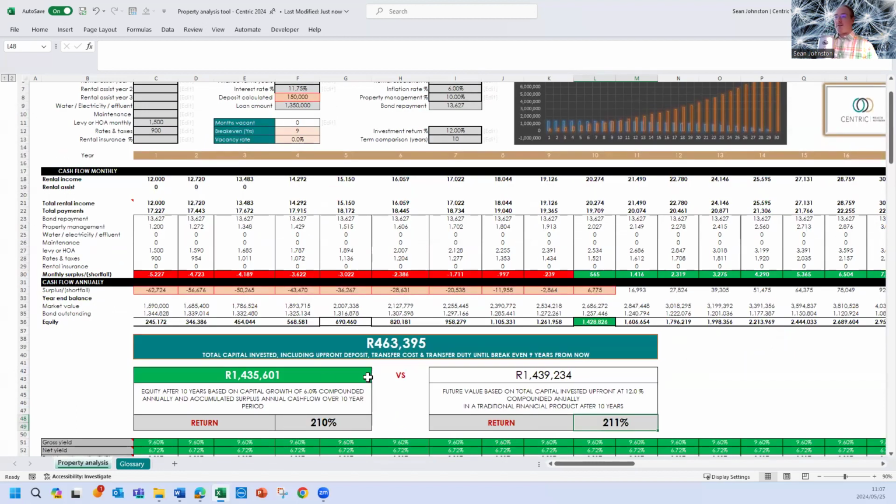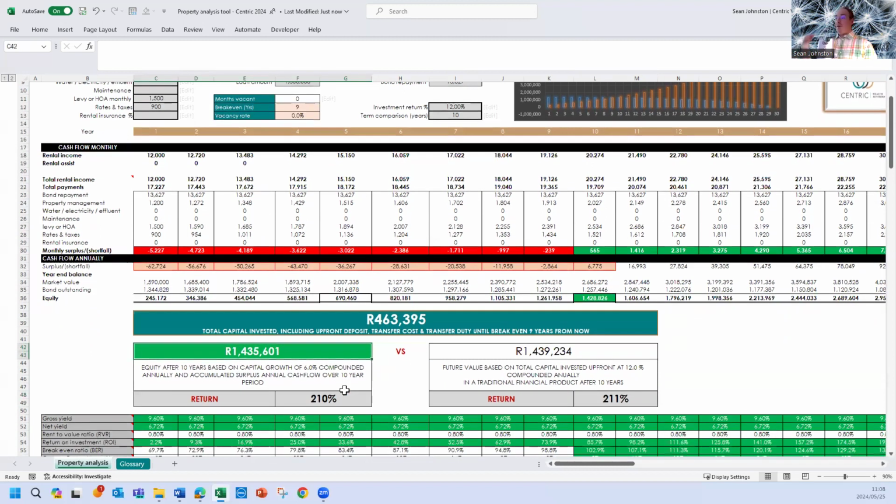Obviously, there are other elements, such as tax on your interest, etc., depending on which investment vehicle you're going to. Whereas with property, you are writing off losses, which you will carry forward. You're unlocking this equity, but again, you might not be able to unlock this capital depending on future affordability. So there are pros and cons, but this is just the principle mathematically of how one would look at it.